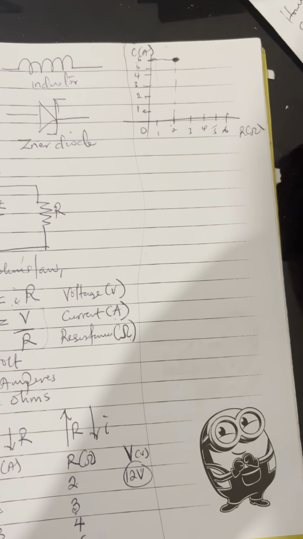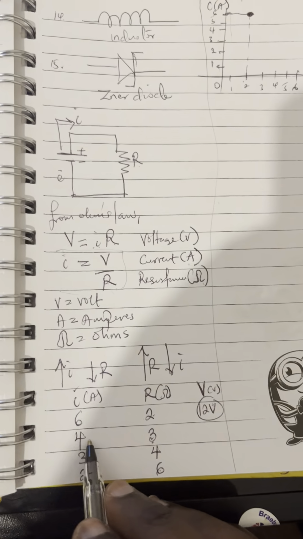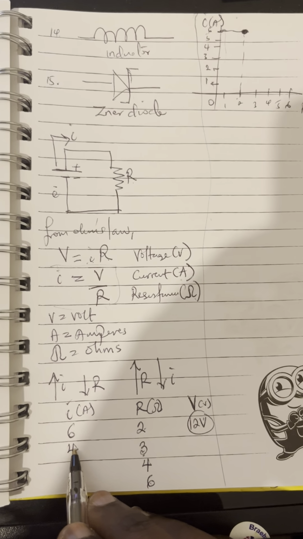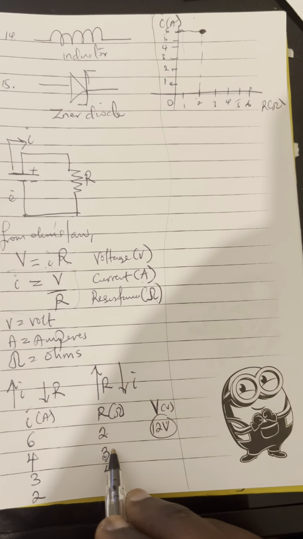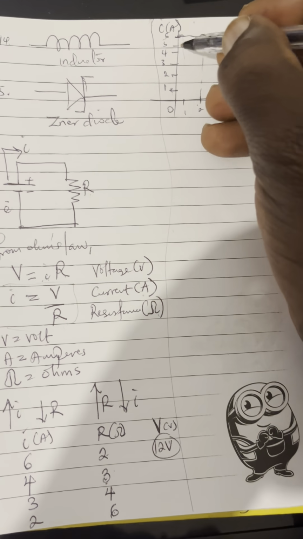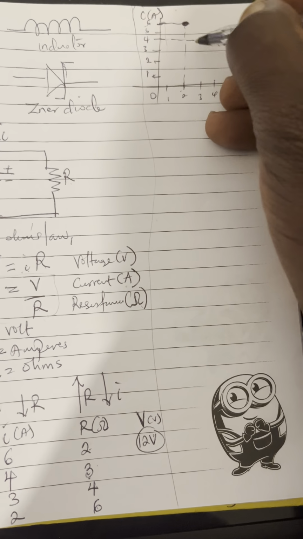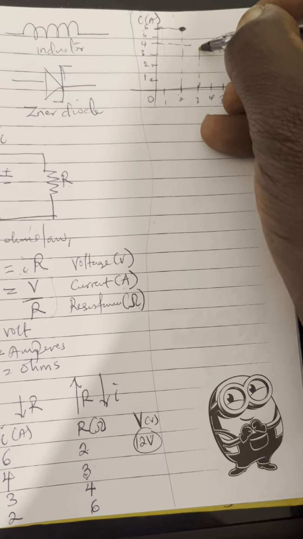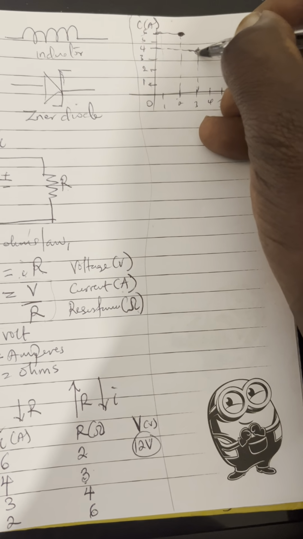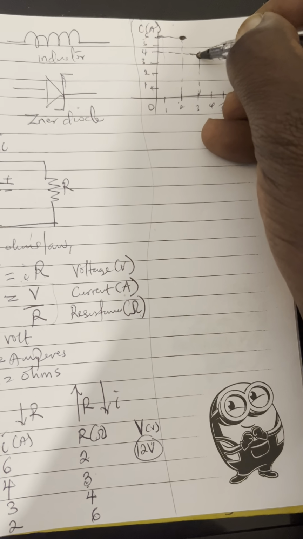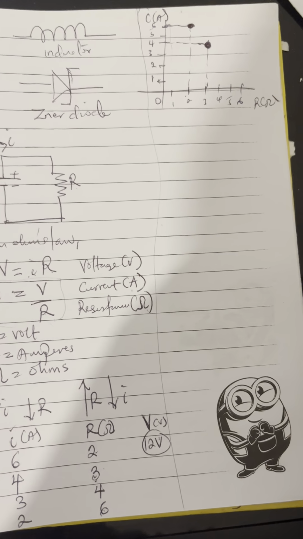That is the point. Then we look at the graph. When the current was 4, resistance was 3. We will trace it to the resistance where it was 3, down here. So we put a point here. So let's go again.